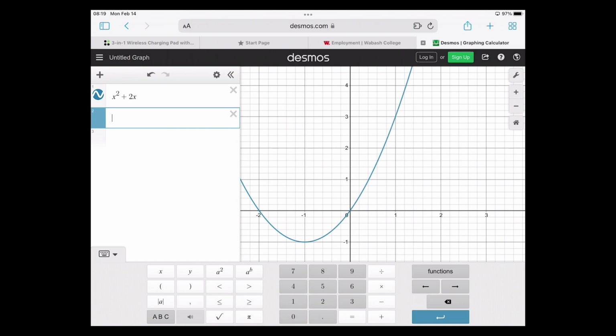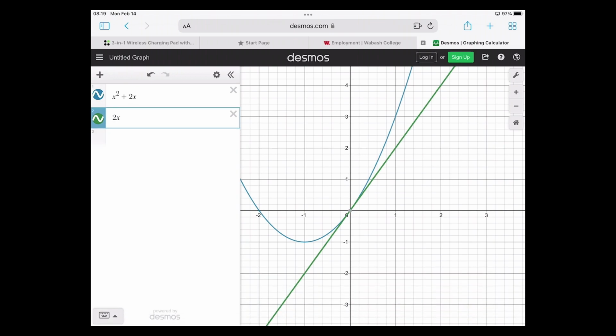Okay, so what I'm going to do is draw a line that has slope 2, and let me change the color so it's easier to see. Okay, all right, so looking at what I've got here, does that look like it's tangent to that parabola? Okay, and is the slope what we computed a minute ago?